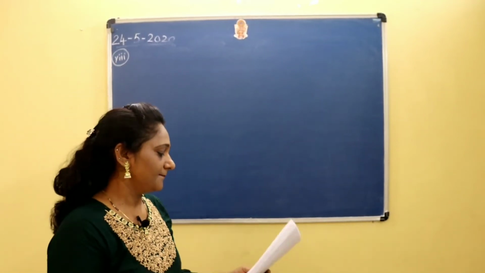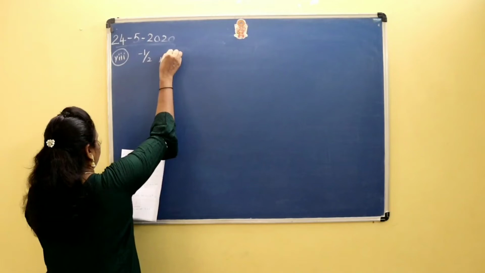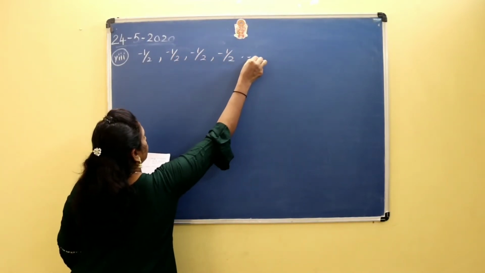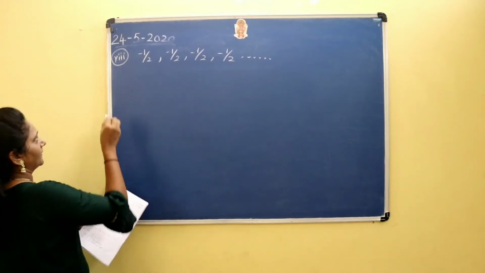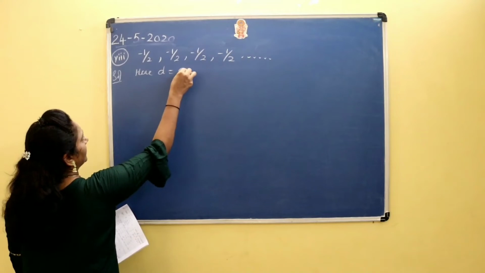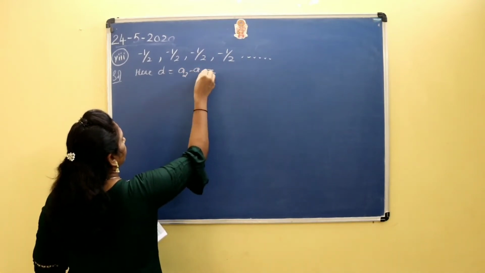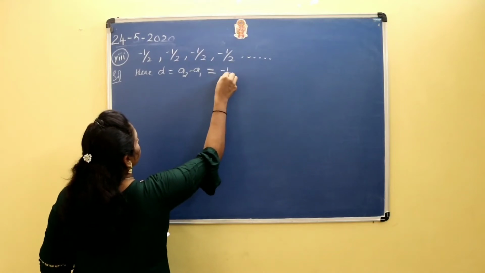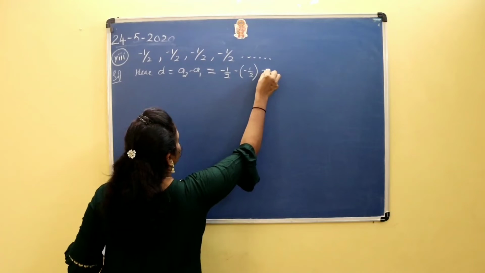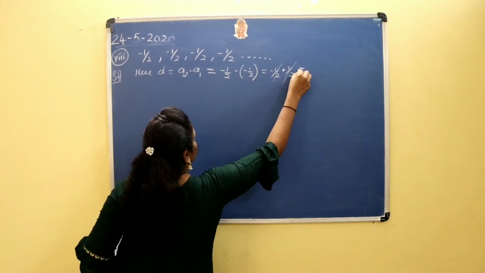The eighth sum is minus 1 by 2, minus 1 by 2, minus 1 by 2, minus 1 by 2 and so on. Solution. Here D is A2 minus A1. So you get minus 1 by 2 minus of minus 1 by 2. So this will be minus 1 by 2 plus 1 by 2. Both get cancelled.